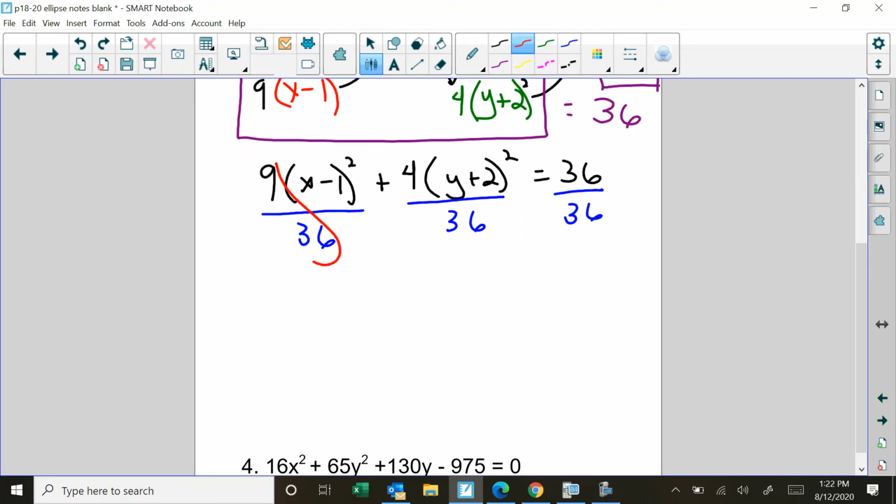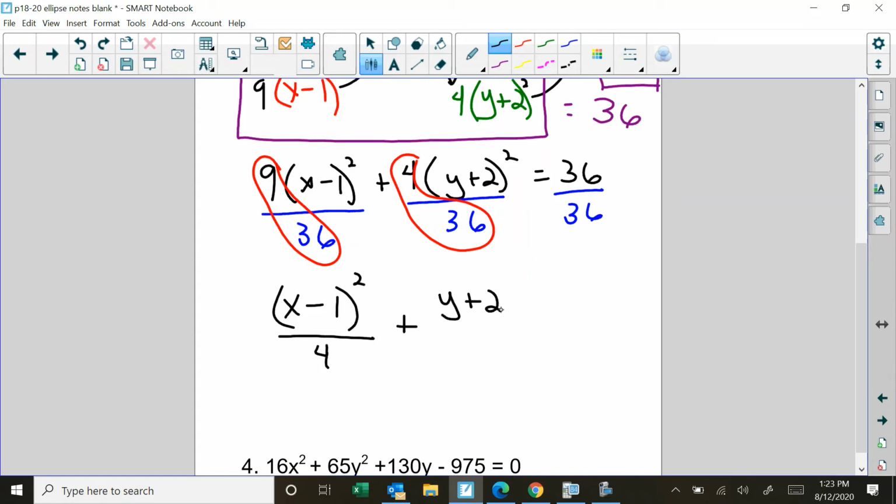So right here and right here will simplify and give us our final version of the equation: x minus 1 squared divided by 9 goes into 36 4 times, plus y plus 2 squared divided by 4 goes into 36 9 times, and now it finally equals 1, just like we needed it to.